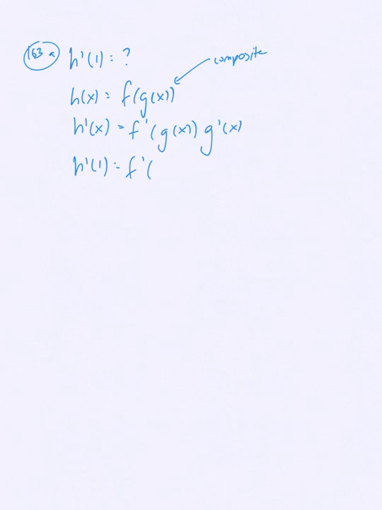That's what they tell us. So for our derivative, we have to use the chain rule because this is a composite function, right? One function within another function. So the chain rule is the derivative of the outside times the derivative of our inside. And if we want this at 1, we're finding all of our values at 1.